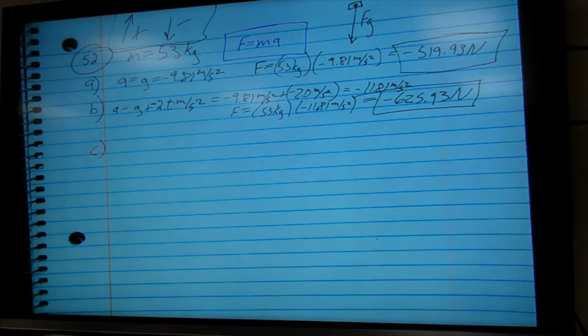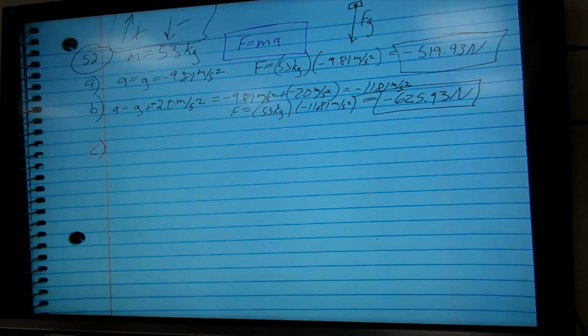Alright, anyway, so part C: it speeds up at 2.0 meters per second squared while moving downward. So here's the thing, it's kind of like you're on the 4th floor, you walk in the elevator, we're standing there. We press the button to go down to the 1st floor.